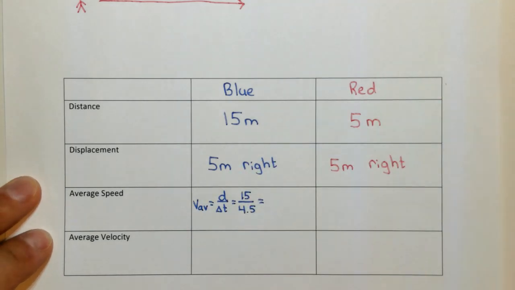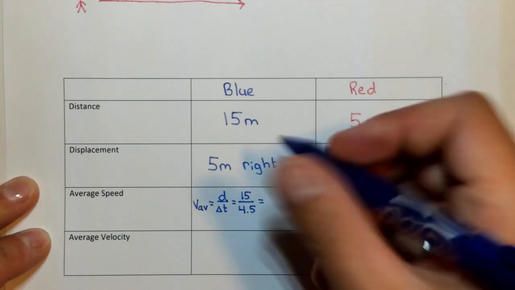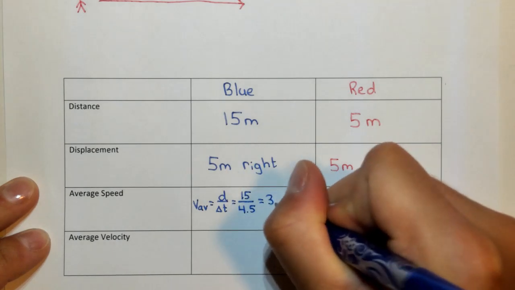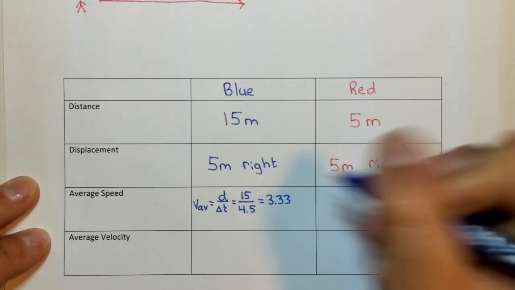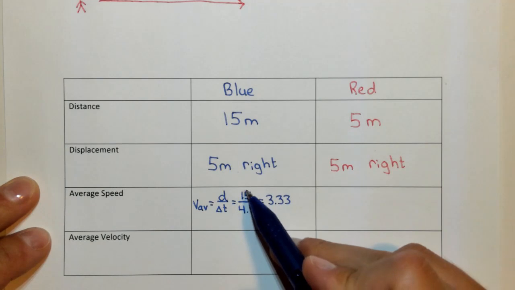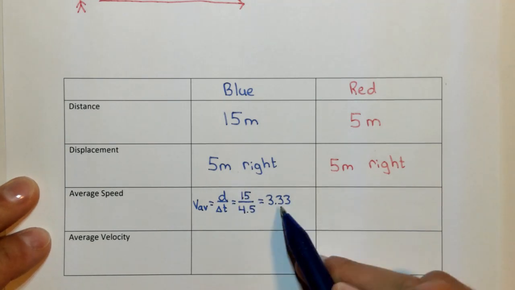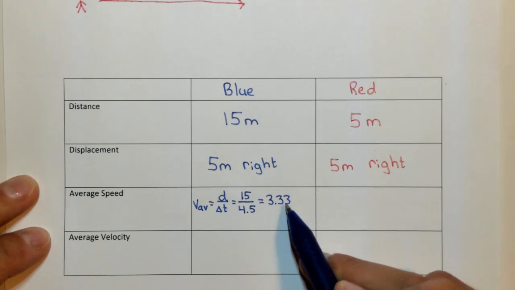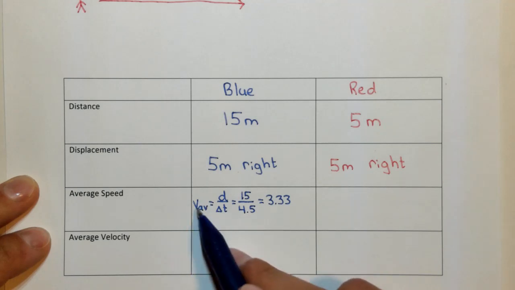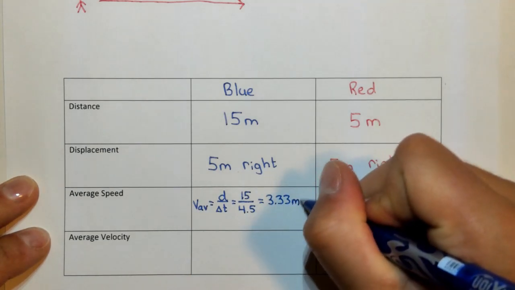Again, metric base units, so I can plug it right in. So 15 divided by 4.5 gives me 3.33. And because I made sure I was putting metric base units in, I know I'm going to get metric base units out. And metric base units for speed are meters per second.